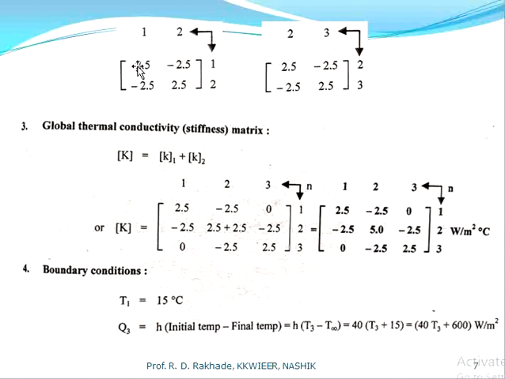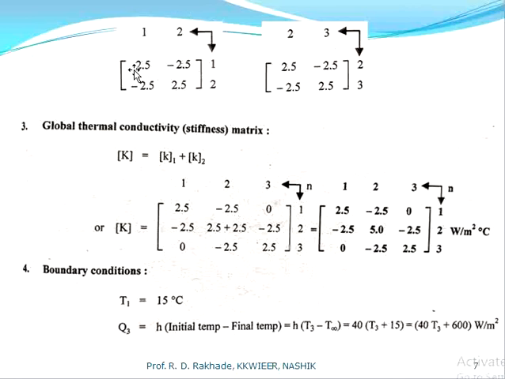Suppose this is position 1 1. So this 2.5 is put on position 1 1. Similarly, 2 1 means value minus 2.5, put this value on that place 2 1.